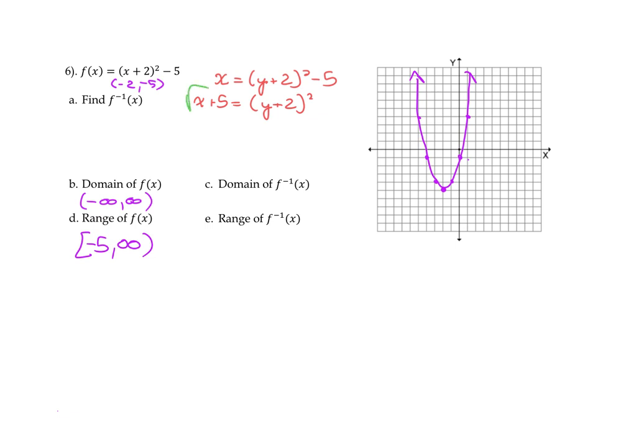And if you go back to your algebra days, when we square root both sides, we can't forget the plus or minus. So x plus 5 is now under a radical, and that drops to get the y plus 2. Now I'm going to subtract that 2. So there's the inverse.